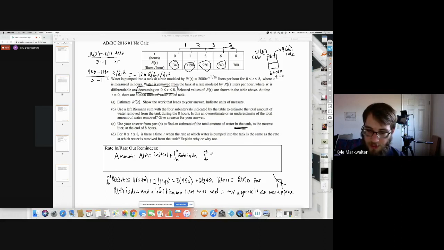Because the integral of the rate in will give us the amount that comes in. The integral of the rate out will give us the amount that went out. And if we add the amount in and subtract the amount out, then we'll get the amount that's actually left in there. We take all the ins and outs into account, right?